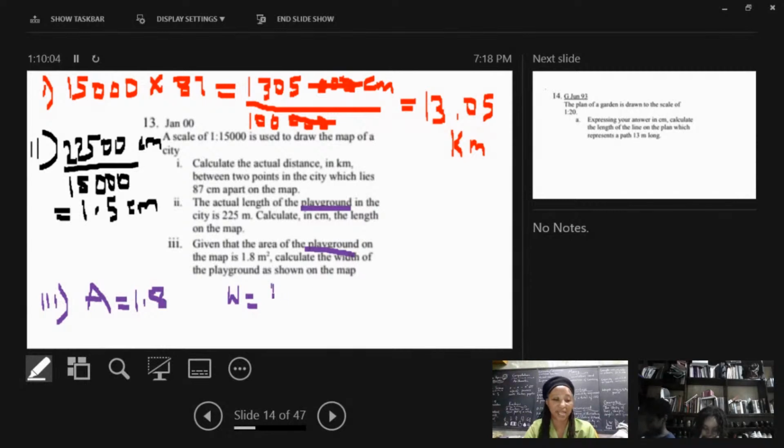So we have to divide the area by the length to get the width. That's 1.2. This would be in centimeters squared, and that would be in centimeters, so the answer is going to be in centimeters. So the width is 1.2 centimeters.